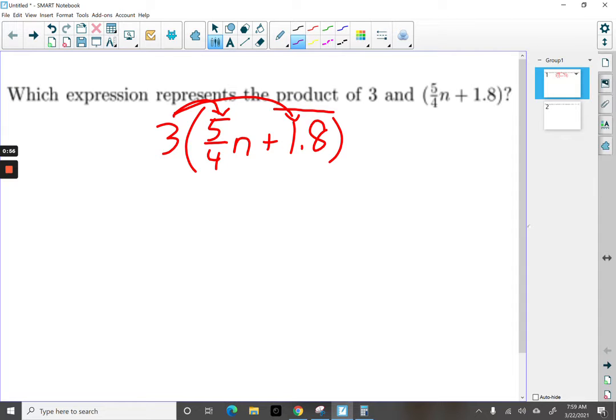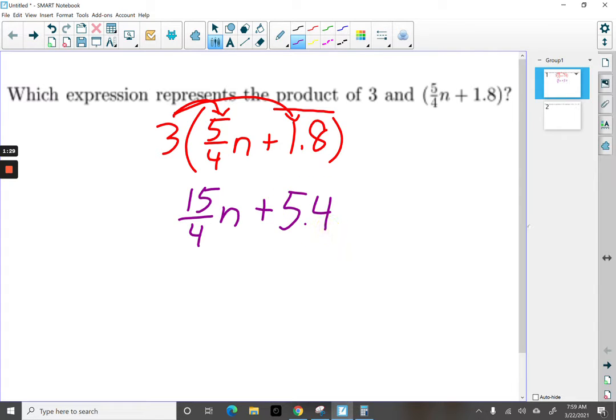We have a 3 times a 5/4 n. So all I'm going to do is multiply 3 times 5/4, then times n. So 3 times 5/4 is 15/4. Times n, of course, is n. And 3 times 1.8, that's a positive 1.8, there's a little plus sign in between, is going to give me a positive 5.4.